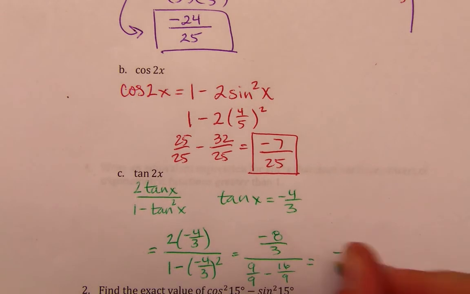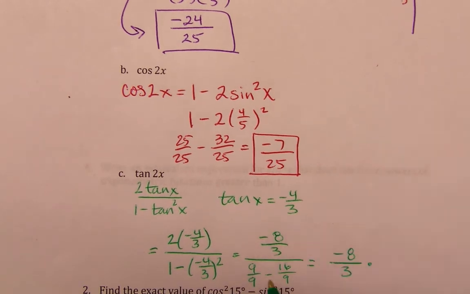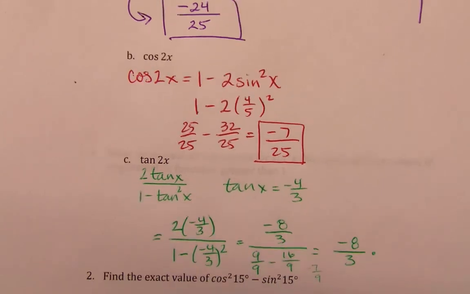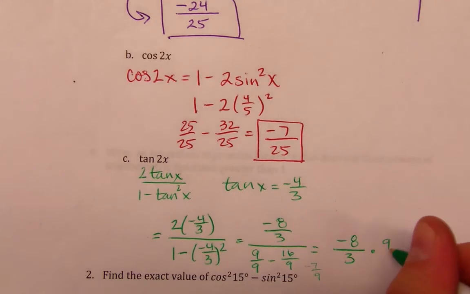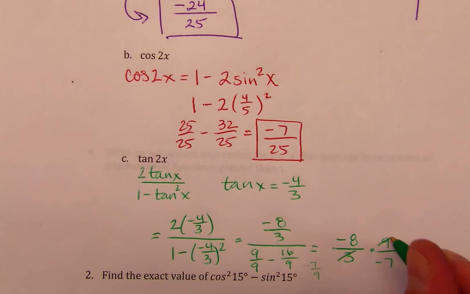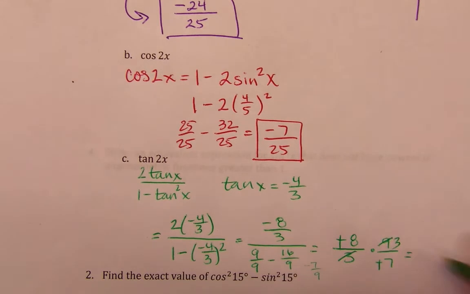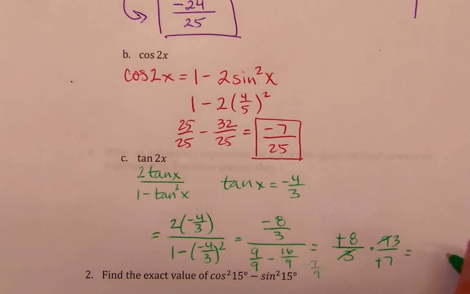So -8/3 times 9 minus 16 is going to be -7, so this will be -7/9, multiplying by the reciprocal. That reduces, those cancel, and we have 8 times 3/7, which is 24/7.